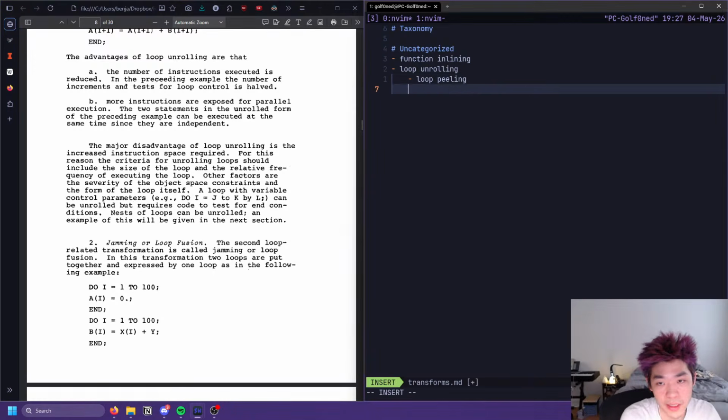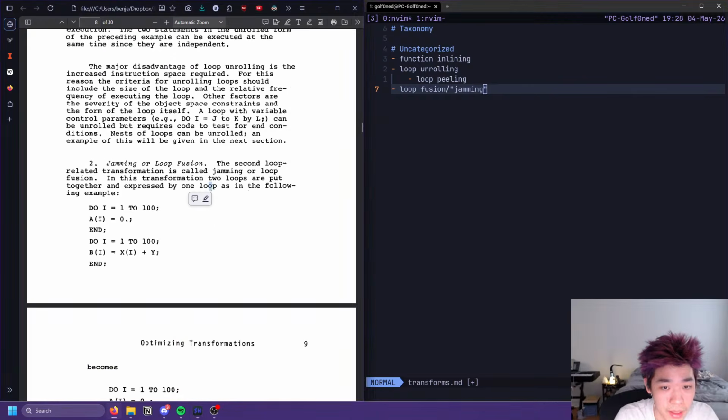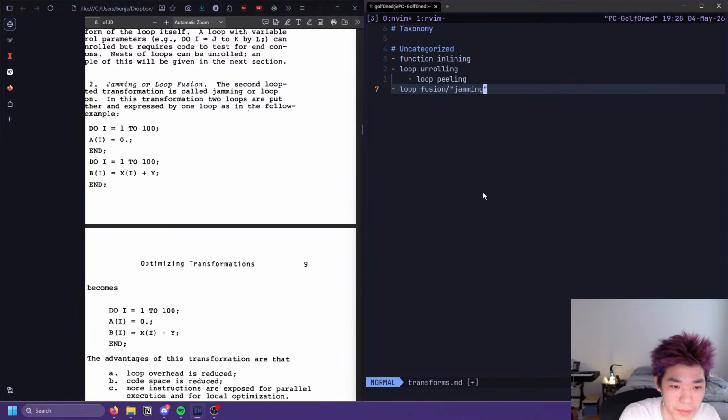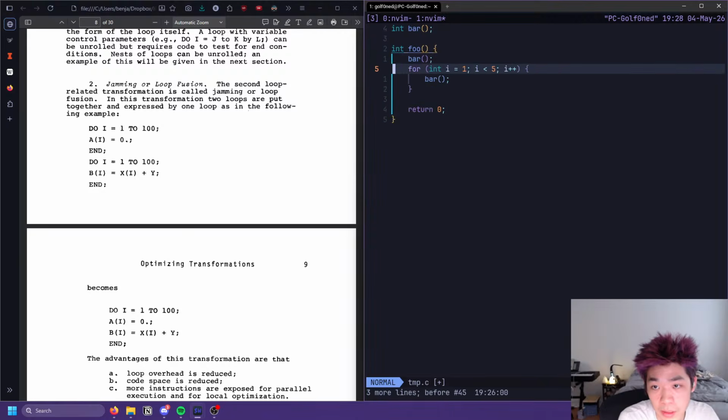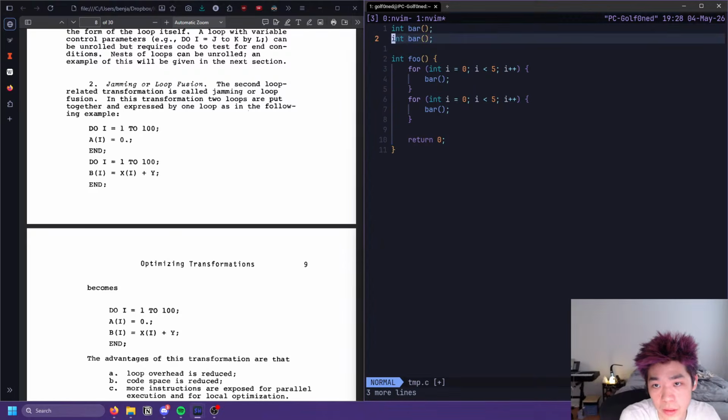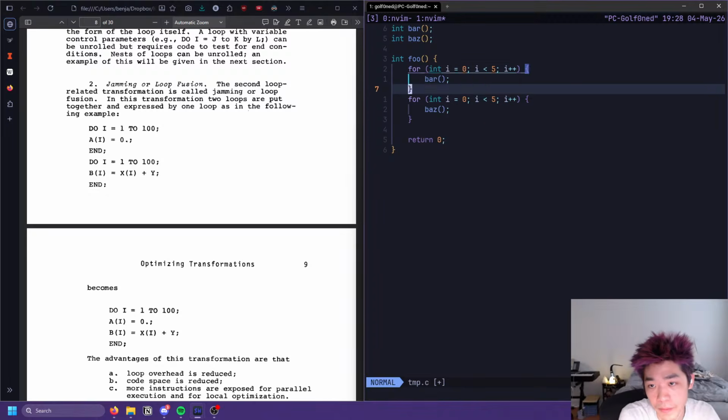Okay, the next thing here is loop fusion / jamming. Whatever that means. So two loops are merged. So this example, let's just rewrite it in C. So if we have this, and we have that.